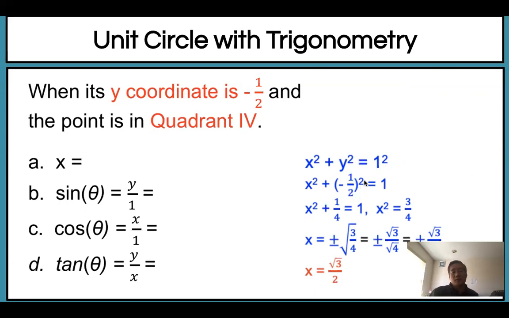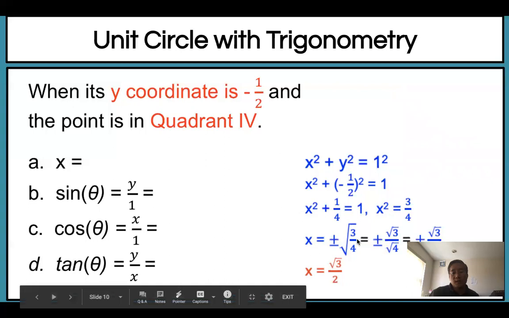So negative half squared becomes 1/4. You move 1/4 to the other side. 1 minus 1/4 is equal to 3/4. And to remove the square, what do you do? You take the square root of both sides. Then x squared becomes x.